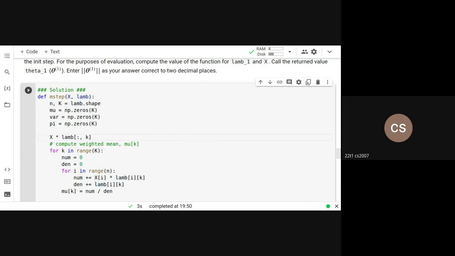This will do element-wise multiplication. This is the weighted sum, divided by lambda of the kth column dot sum. This is all mu k is. All the nested for loop that I wrote here is actually just this single line of code.